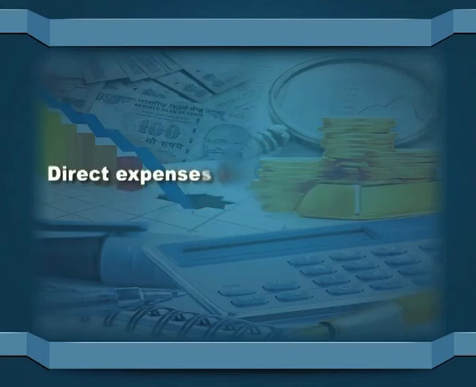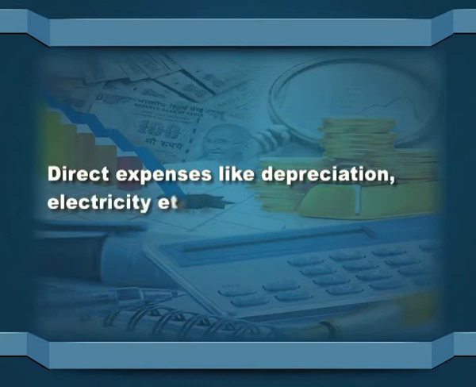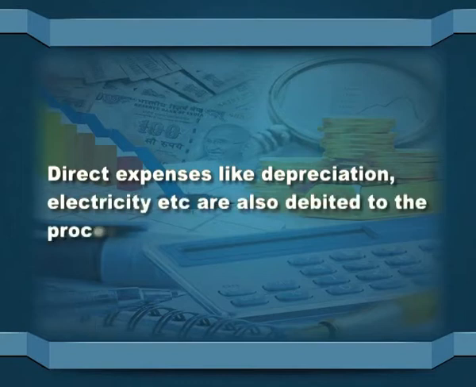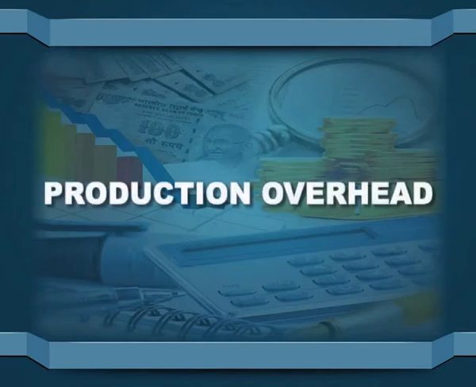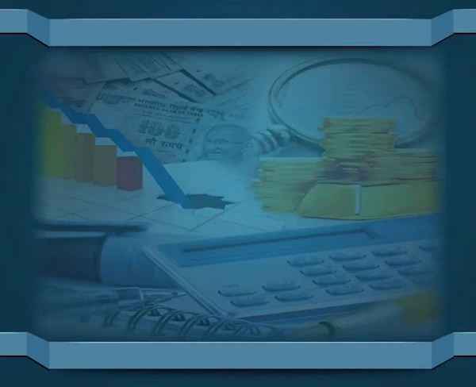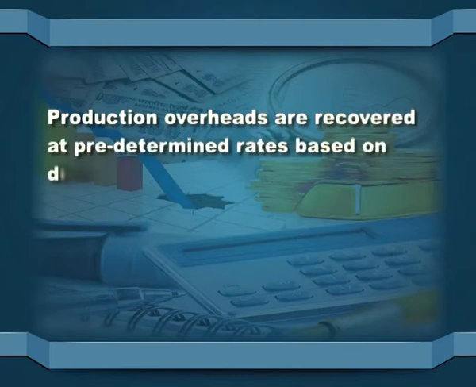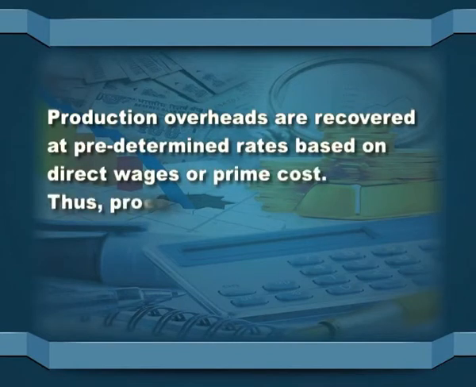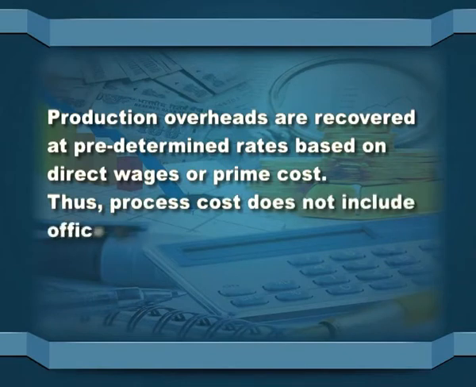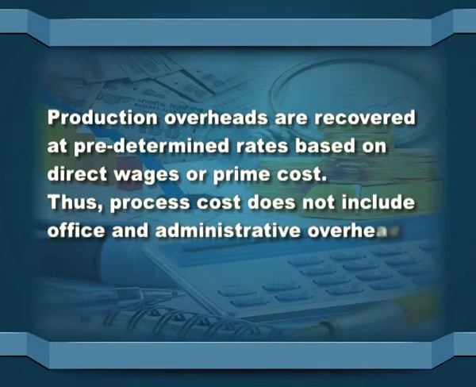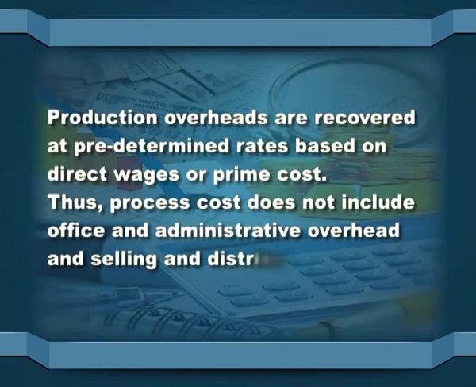Direct expenses like depreciation, electricity, etc. are also debited to the process account. Number 4. Production overheads. Production overheads are recovered at predetermined rates based on direct wages or prime cost. Thus, the process cost does not include office and administrative overheads and selling and distribution overheads.